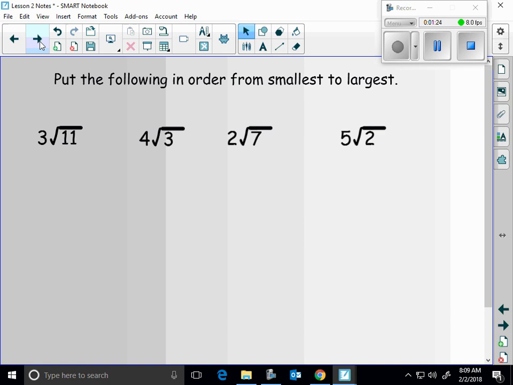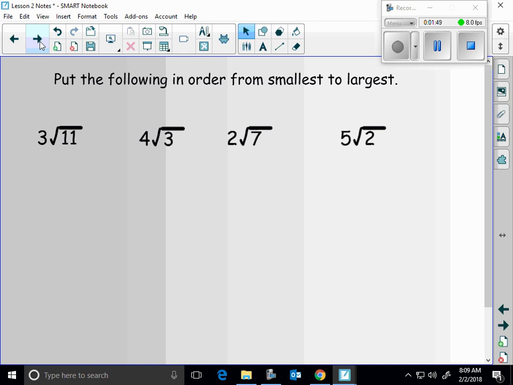How about putting these in order from least to greatest? How many people, just by looking at it, would say 3 root 11 is the largest? Okay, we're all scared. How about 4 root 3? How about 2 root 7?